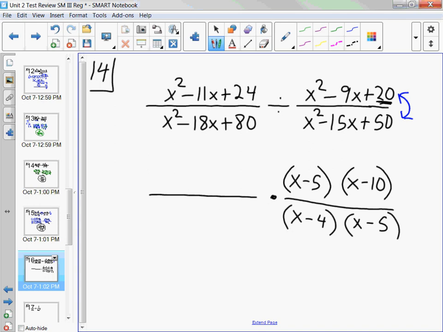Over on the left side, the top trinomial, we're looking for two numbers that multiply to get 24 and add together to get negative 11. So I have 8 times 3 is 24, and 8 plus 3 is 11, so they have to both be negative.